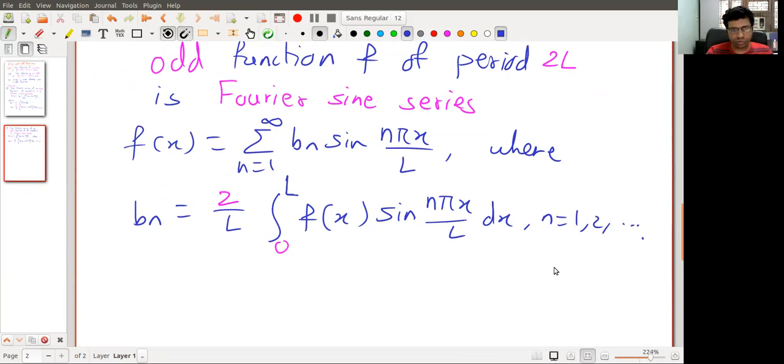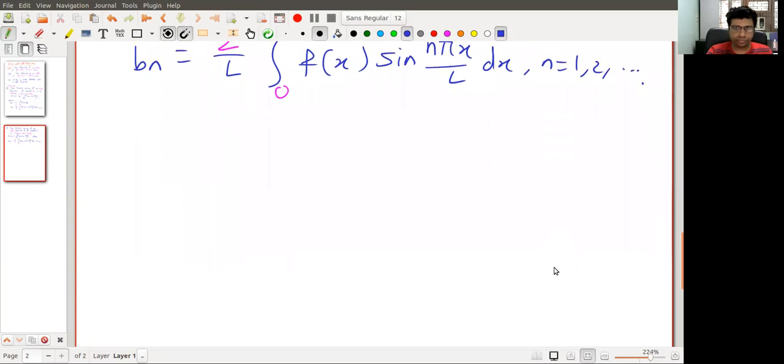We are going to see one more important result. It is about addition and scalar multiplication of two functions. If we have two functions f1 and f2 with same period, and suppose we have Fourier expansions, what about the Fourier coefficients of f1 plus f2?